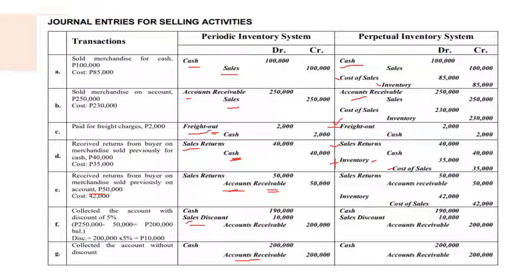Whether the consideration previously was for cash or on account, the same, you debit inventory and you credit cost of sales if there is a return of goods from the buyer. For the collection, there's no difference between periodic and perpetual, whether with discount or without discount.